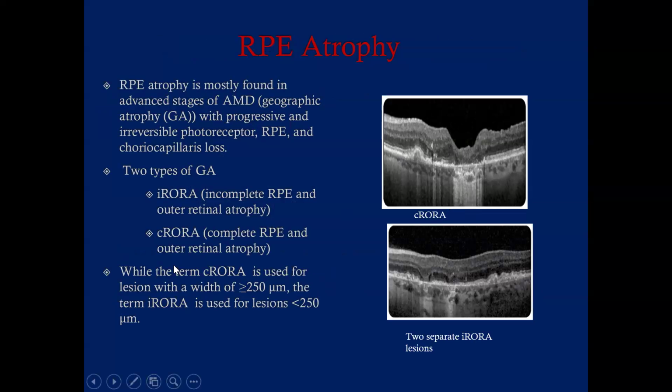When you say incomplete, the size of the atrophy is less than 250 micron, when you measure the size of atrophy from here to here. And if the size is greater than 250, almost greater than 500 micron, we call it complete retinal pigment epithelial and outer retinal atrophy.